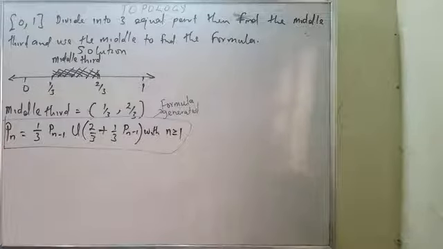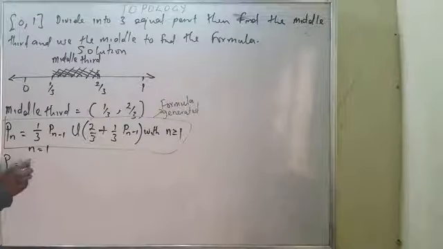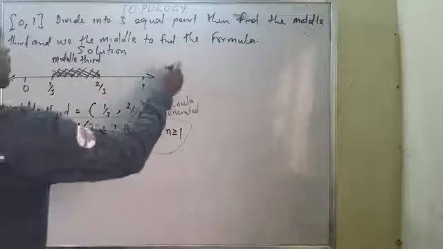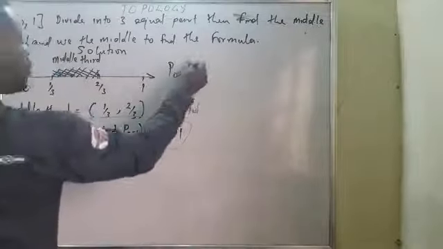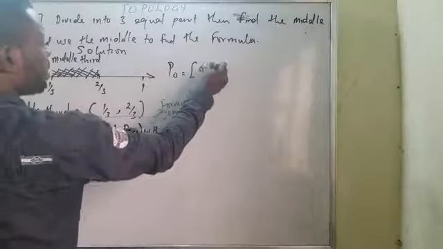Now, if my n equals 1, since my n equals 1, I will be talking about P1 equals 1 all over 3, and this one will be what? Before we continue, my P naught is what is given to us at the beginning.